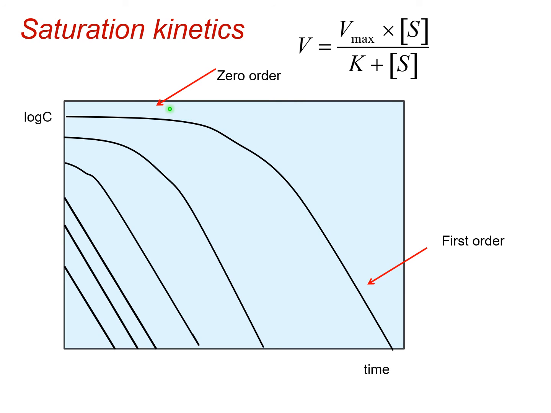Now, if you have very high concentrations of your compound, your first order kinetics becomes zero order for very simple reason. If you have very high S, K becoming too small, S and S cancel each other, and you're reaching maximum possible rate of elimination.